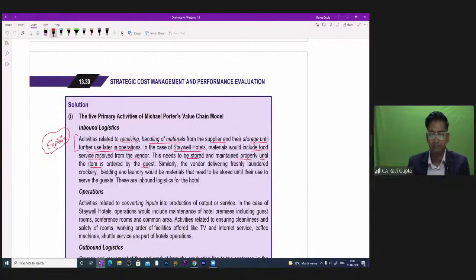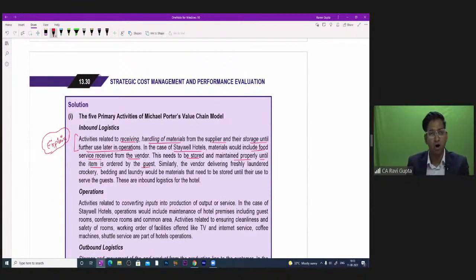And it will be maintained until a proper order, because we know that every guest in the hotel, from their room, can order any food items. So we have to make sure that the food is properly available, stored in good condition, right?